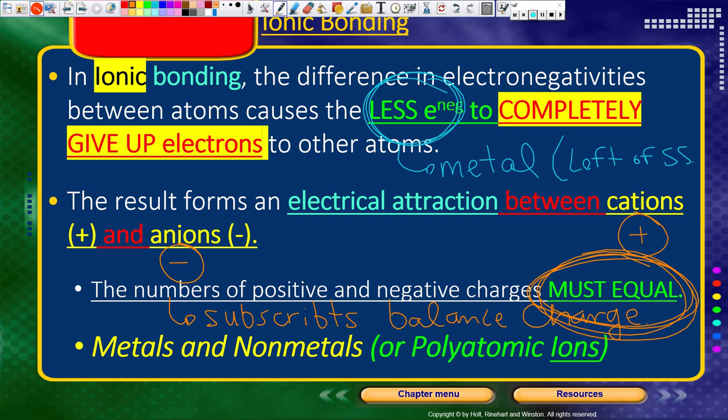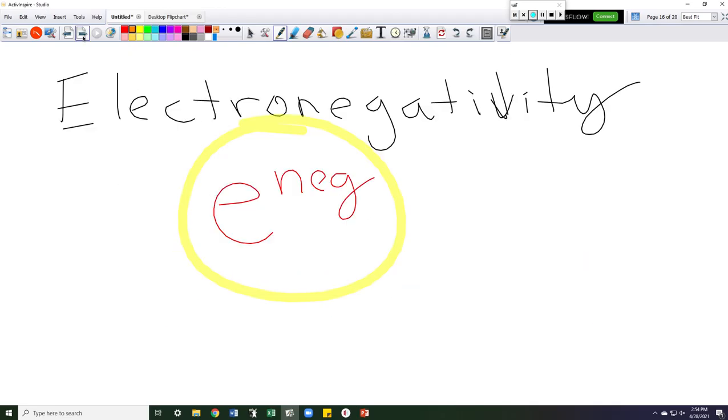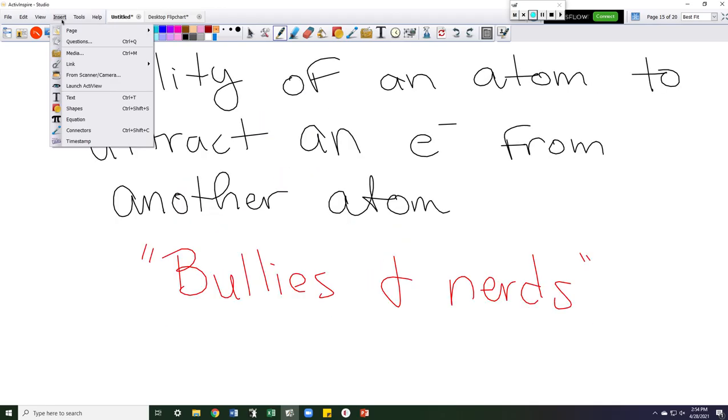So let me show you an example. If sodium is positive, what do I have to make it neutral? Is that thing neutral? Yes.